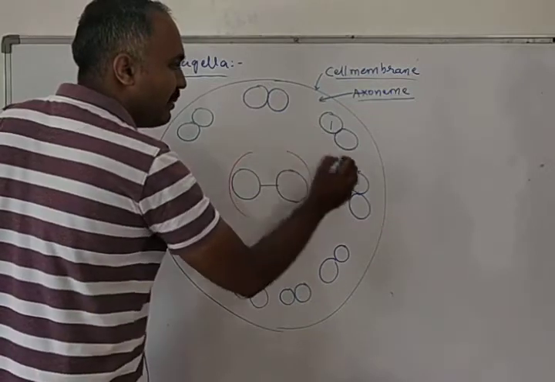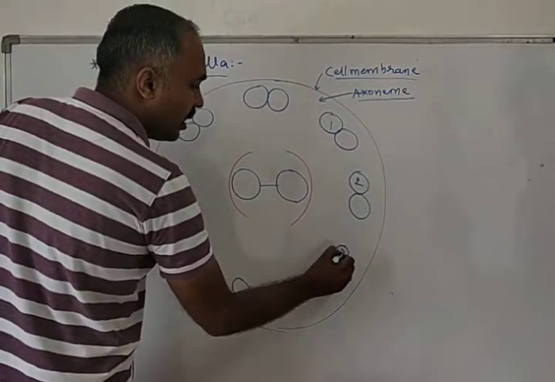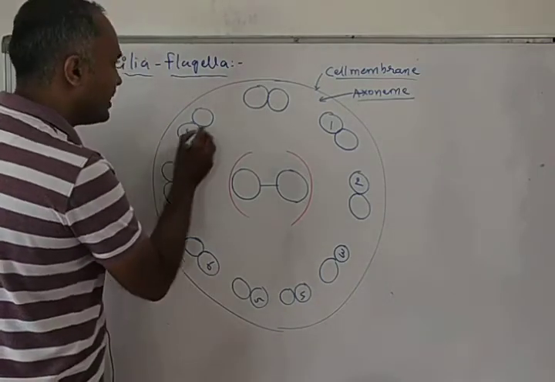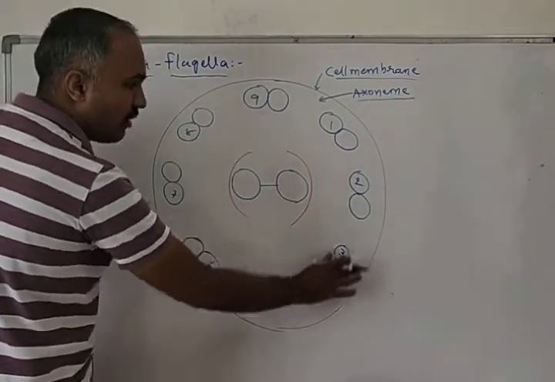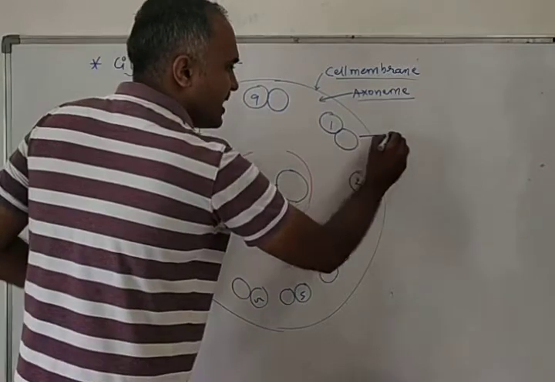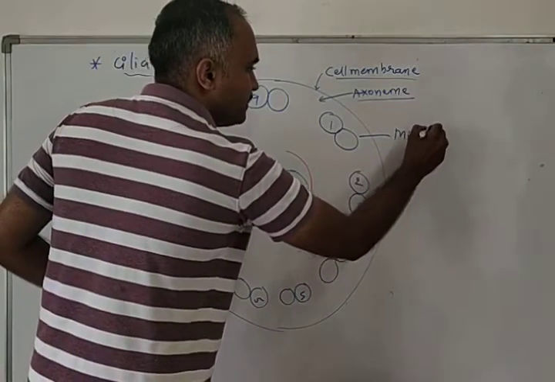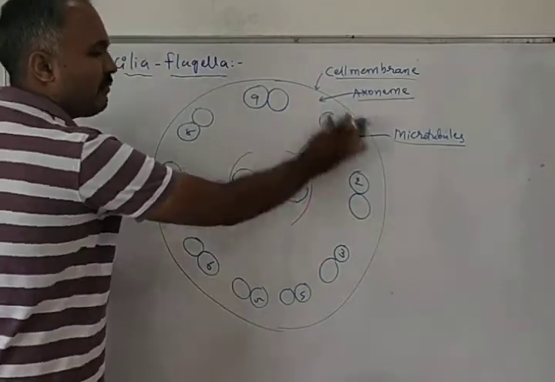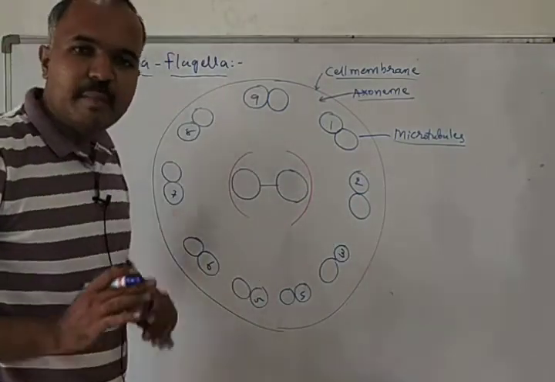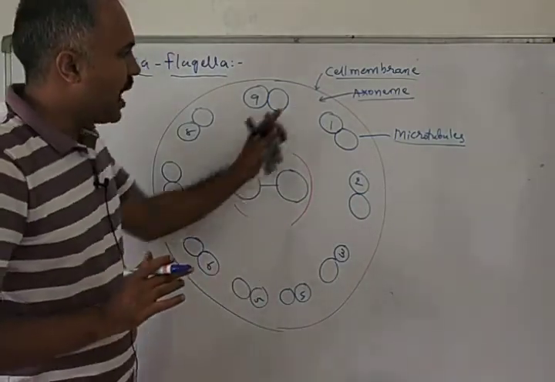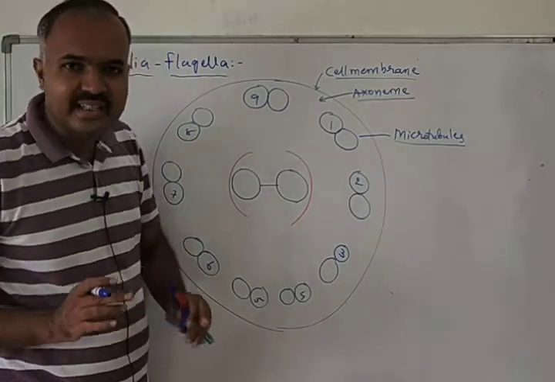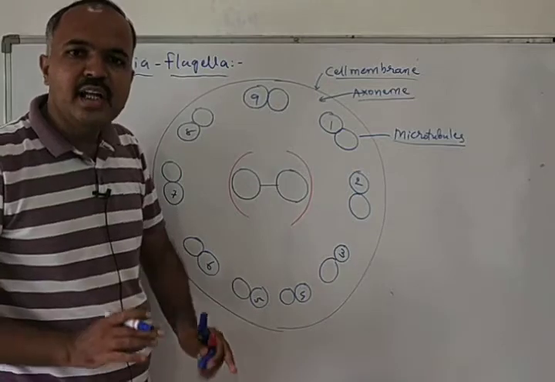See, this is one doublet, this is the second doublet, third, fourth, fifth, sixth, seventh, eighth, and ninth. So 9 doublets of microtubules are there. These are nothing but microtubules. So, in the peripheral part of the axoneme, 9 doublets of microtubules are there which are arranged parallel to each other.